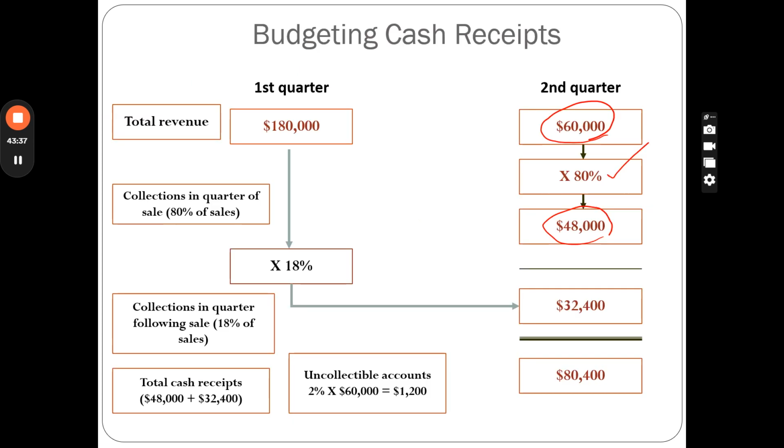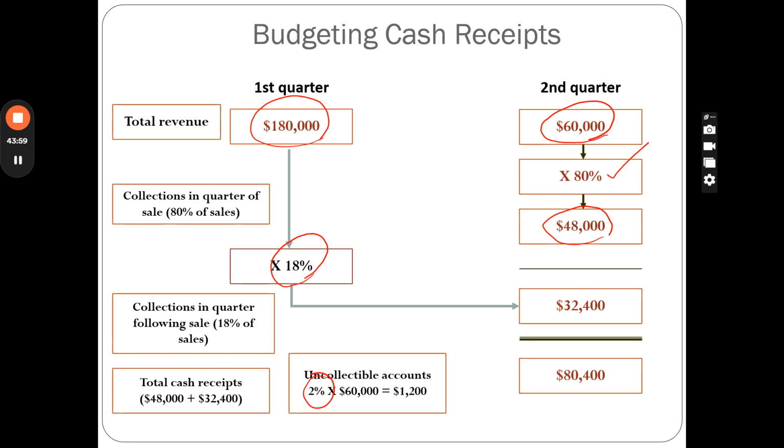And from the previous period, like 180,000, 20% is left, right, from the last period, because 80% will be collected in the same period, 20% will be collected in the next period. In that, you will be collecting only 18%. Why? 2% is going to be your bad debt.